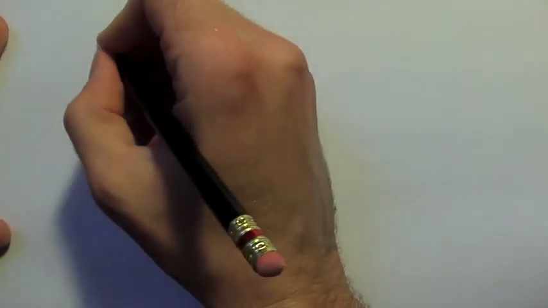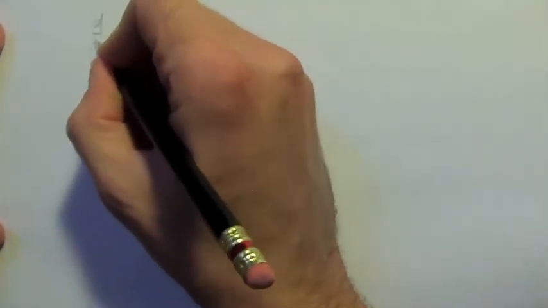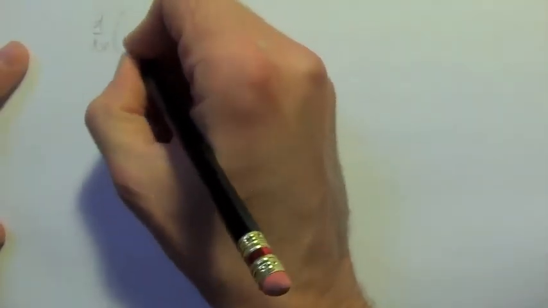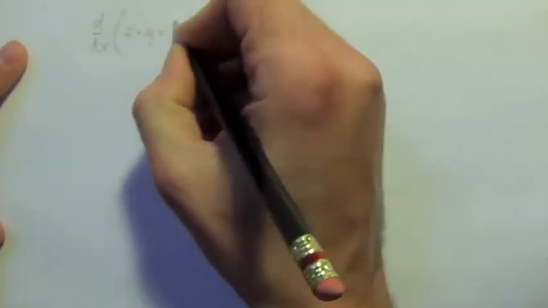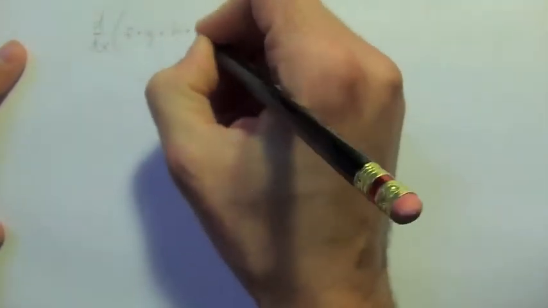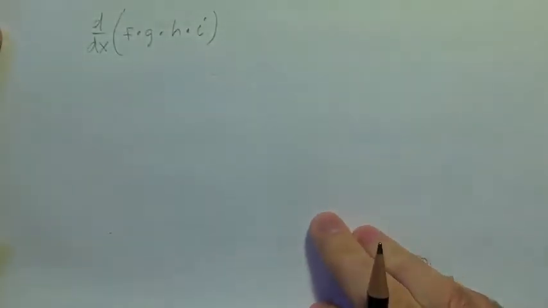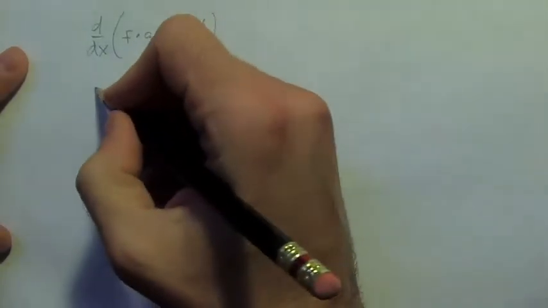So if I had 4 things multiplied together, say the derivative with respect to x of f times g times h times i, for example, and I'm dropping the x's here, but pretend that they are there for now.